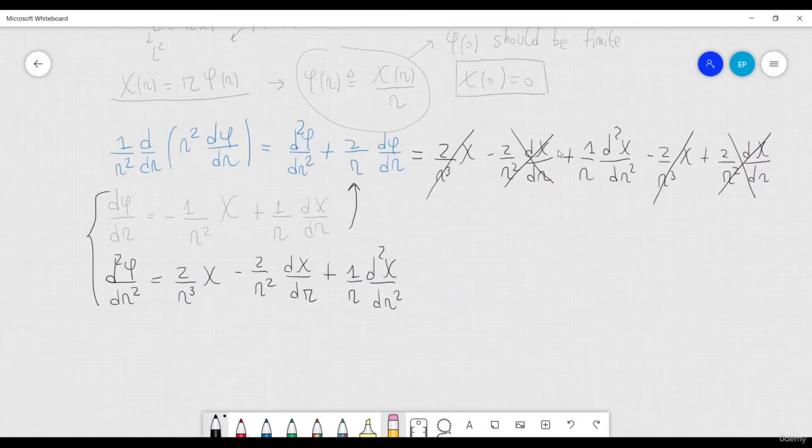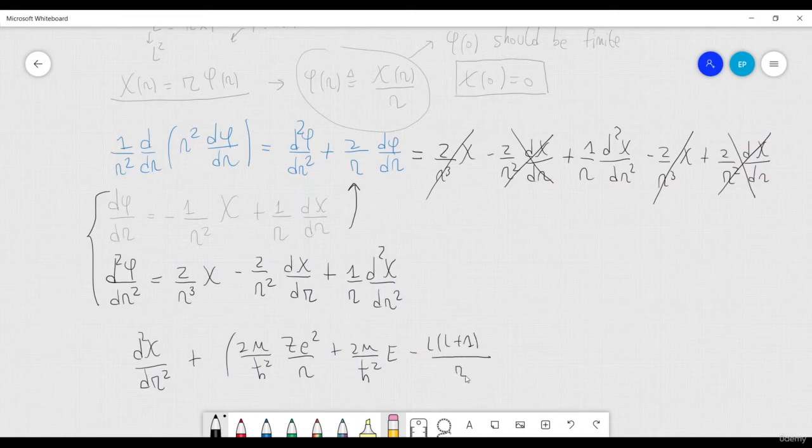So you can also multiply by r to simplify the expression, and you will be left with d squared chi over dr squared plus 2 mu over h bar squared z e squared over r plus 2 mu over h bar squared times e minus l times l plus 1 divided by r squared, times chi equal to 0.